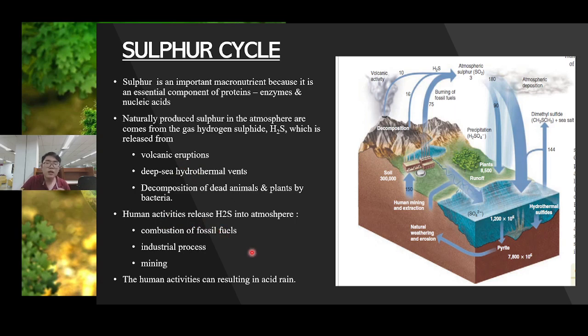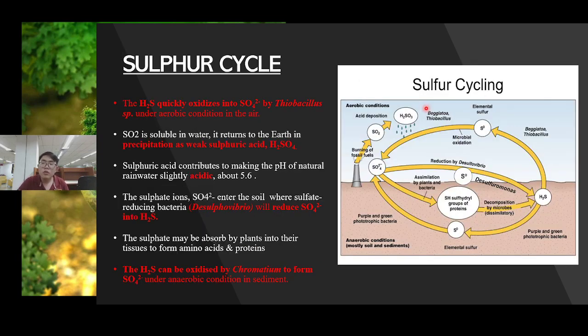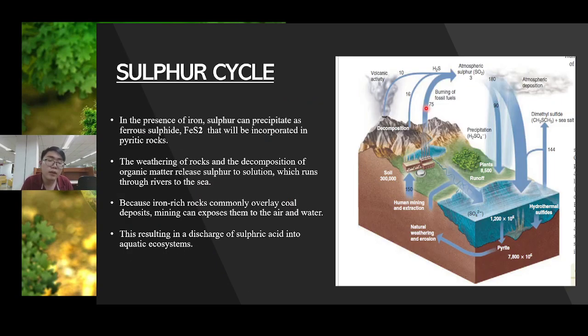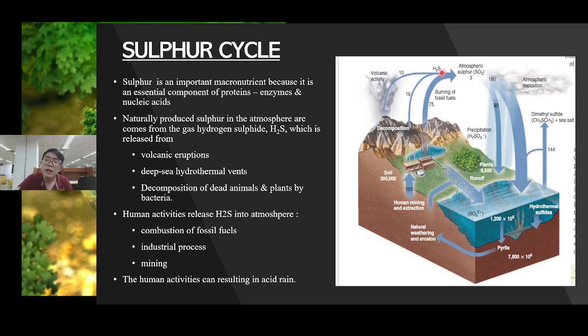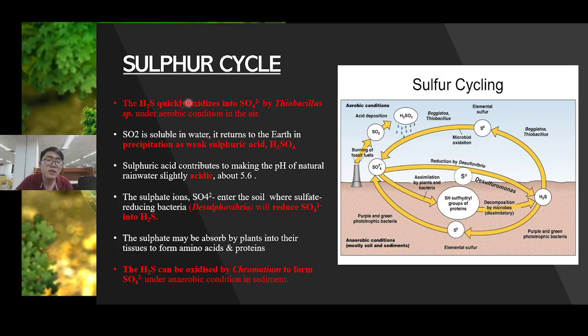If every day we do this kind of activity and release too much hydrogen sulfide, it will result in acid rain. Why can it result in acid rain? You have to know that hydrogen sulfide will quickly oxidize into sulfate ion.